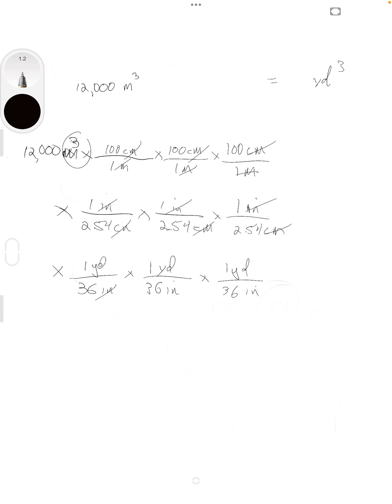The 3 inches there will cancel those. And I'll end up with basically 12,000 times 100, 3 times on the top. And on the bottom, I've got 2.54 3 times, and I've got 36 3 times. Or I could have 3 times 12 3 times. And that would be the 9.